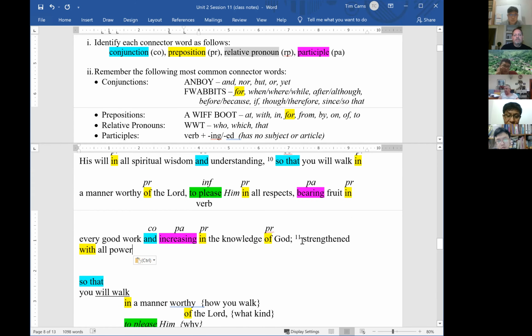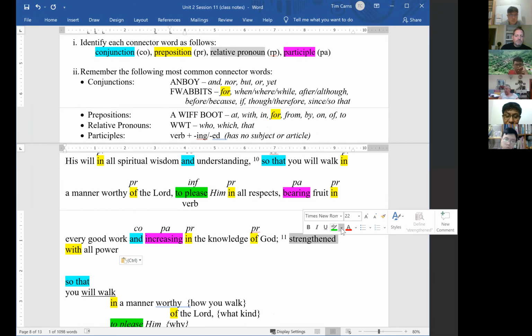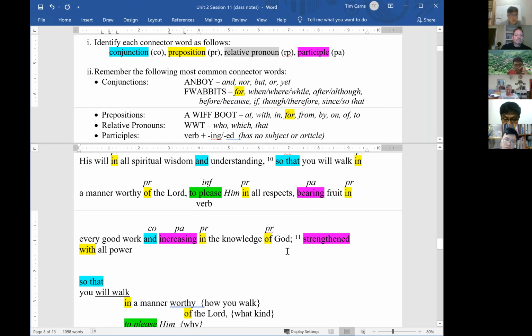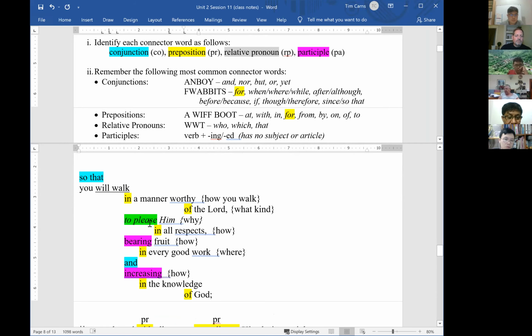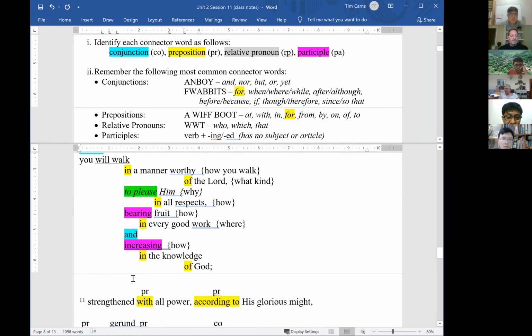And if you look, there's no subject here. So this word strengthened is a participle, and it is connected to this string of what we just diagrammed. So actually there's another participle here, strengthened.